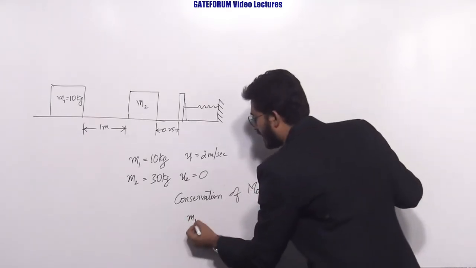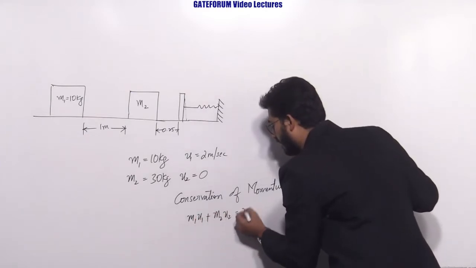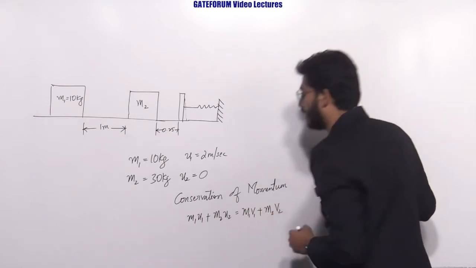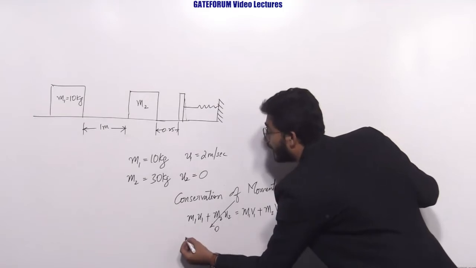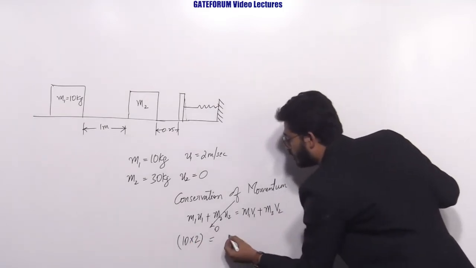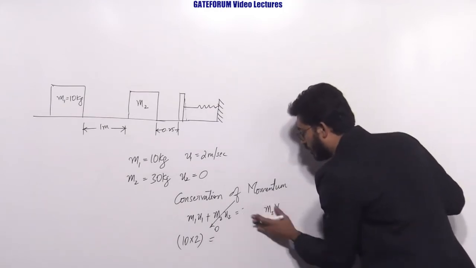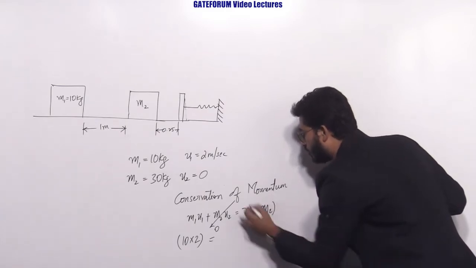I can write it as m1 u1 plus m2 u2 is equal to m1 v1 plus m2 v2. So m2 u2 is 0, so this will be cancelled out. This would be 10 into 2 is equal to, these two are getting combined, so that has to be m1 plus m2 into v.